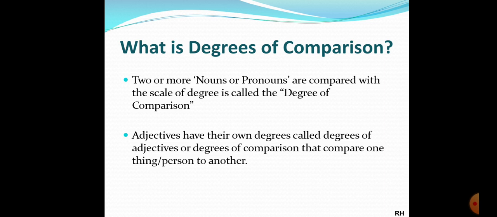That is known as degrees of adjectives or degrees of comparison. It is used when you want to compare one person with another, one thing with another. So you understood, students, when you want to compare two nouns or two pronouns, we use degrees of adjectives or degrees of comparison to do that, right?